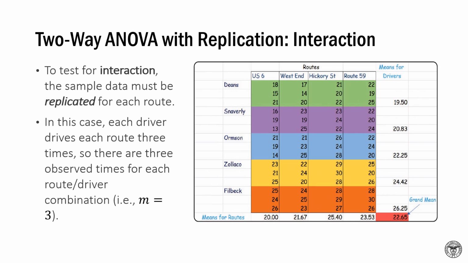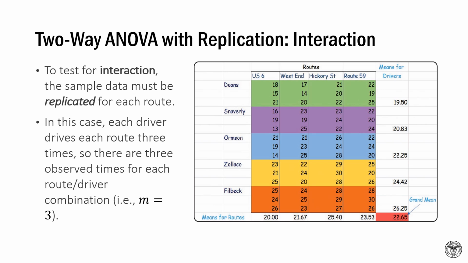Replication enhances the experiment validity and reliability by ensuring that any observed effects are not due to chance variation. By analyzing the replicated data, researchers can determine if the effect of one factor on the response variable depends on the level of the other factor, indicating an interaction.